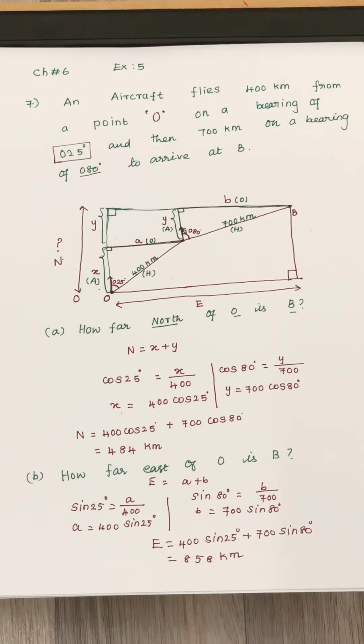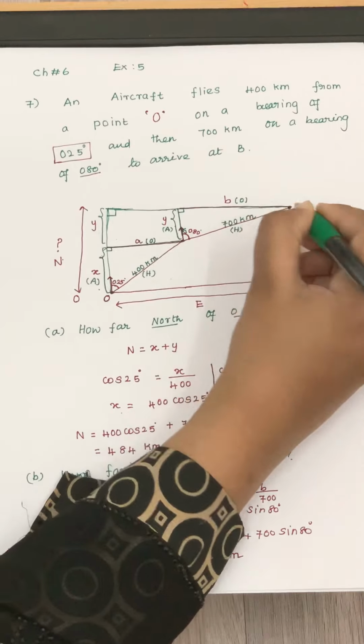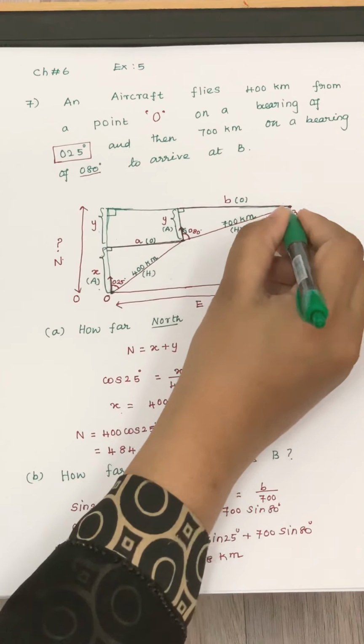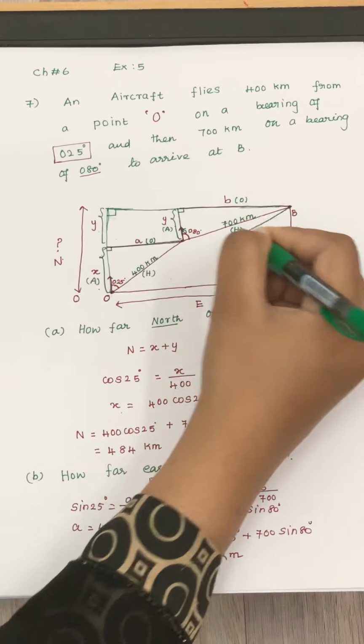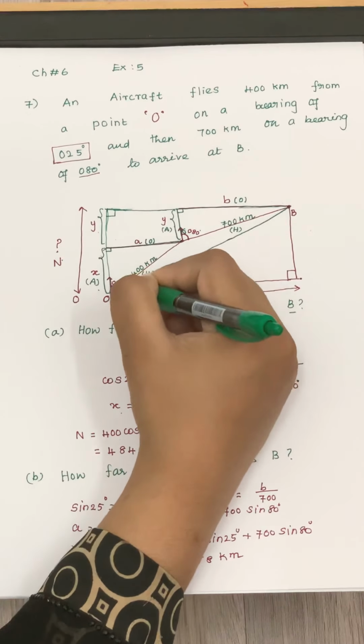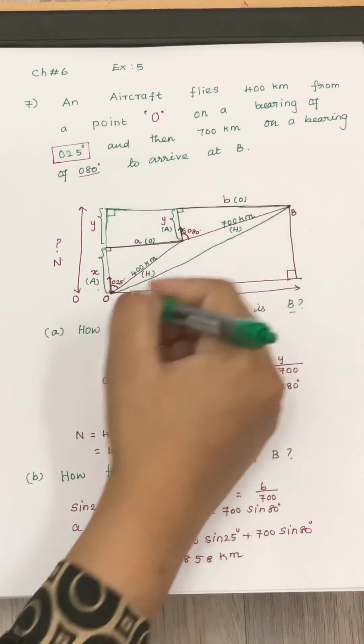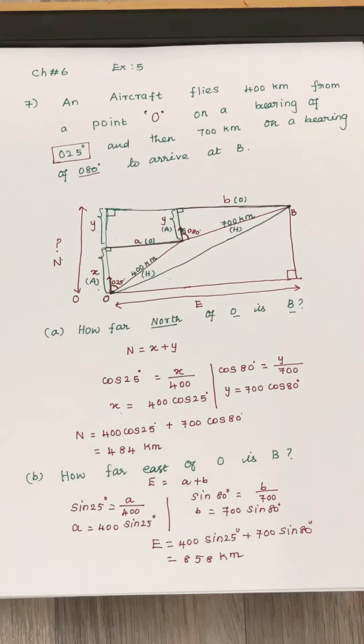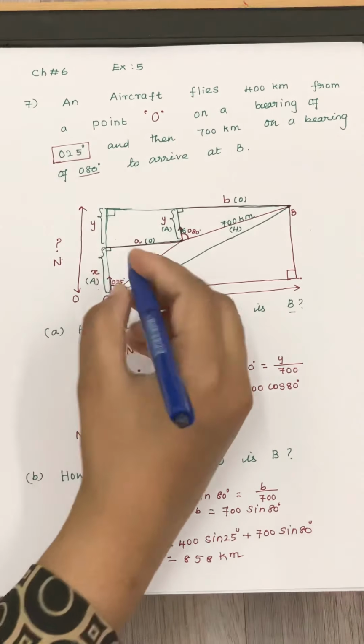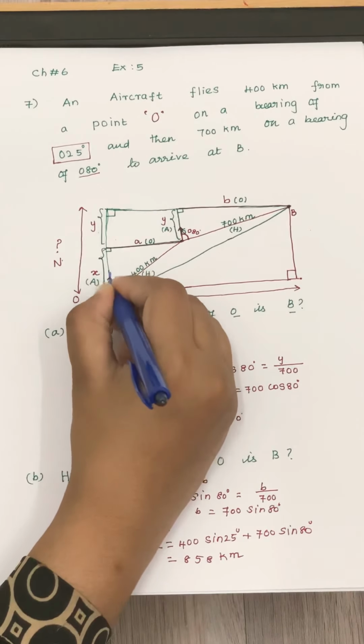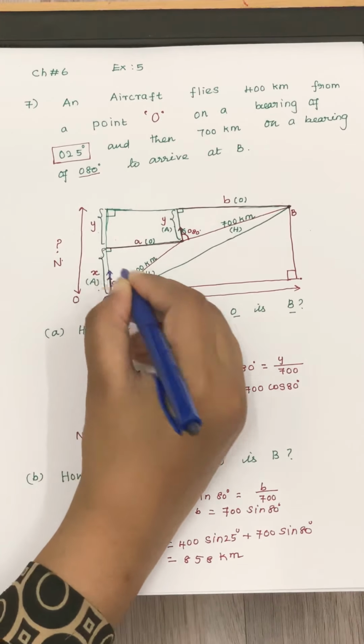Now, it's not only part A and part B in this question, we have part C also. Find the distance and bearing of B from O. This is point B, this is O. So from here to here they want this distance, and the bearing of B from O. From O means mark the point O, this is the north direction.